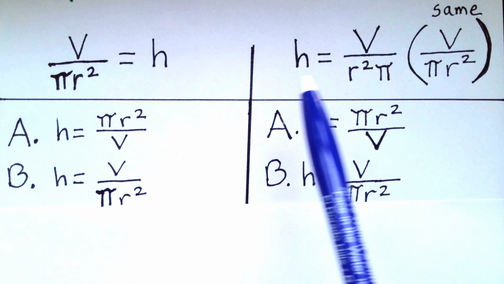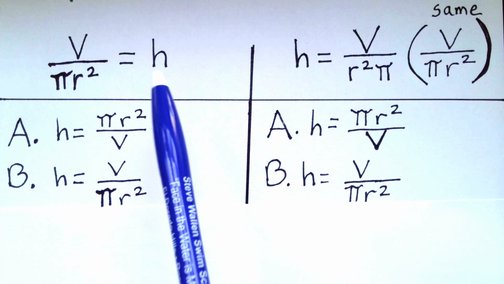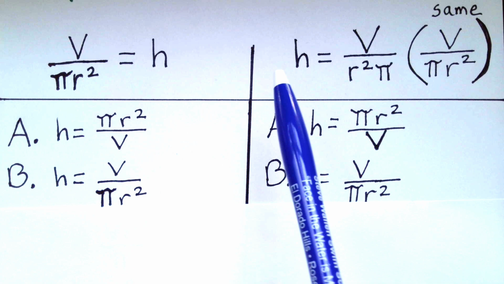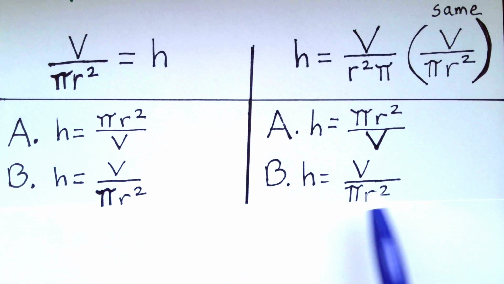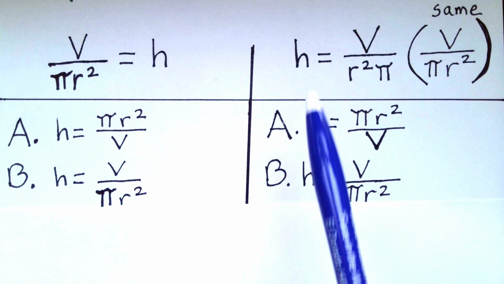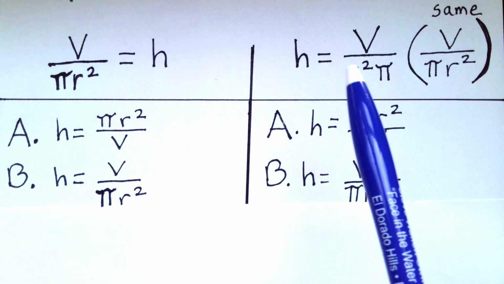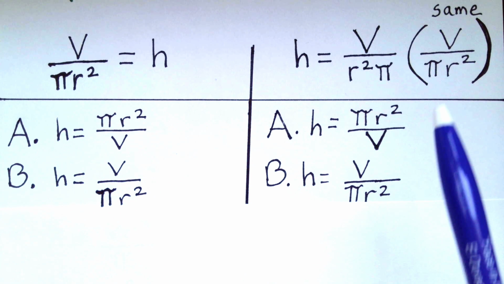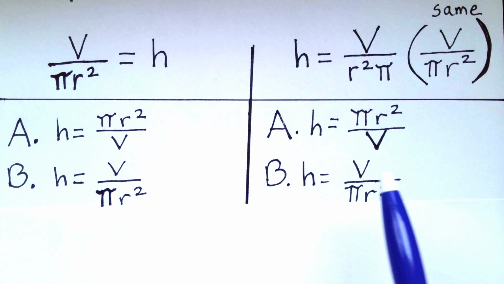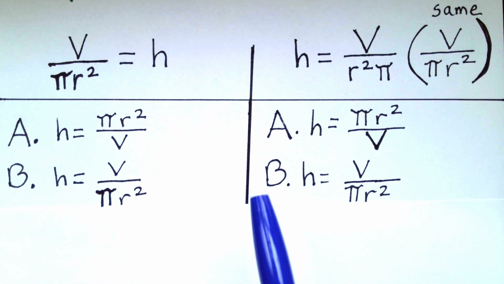But now I showed you how to solve it both ways, where H is on the right side of the equal sign and then H is on the left side of the equal sign. So in this option B, you can see it does match up. H equals V on top, R squared pi, or pi R squared, is on the bottom. So option B would be the correct answer.